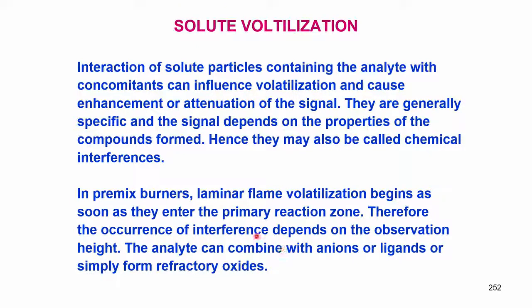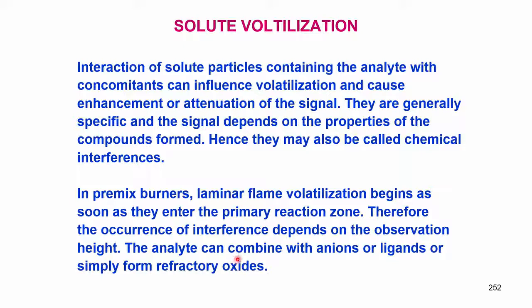So, the occurrence of interference depends on the observation height. Again we are coming back to this observation height, which is very important, and the analyte can combine with anions or ligands or simply form refractory oxides.